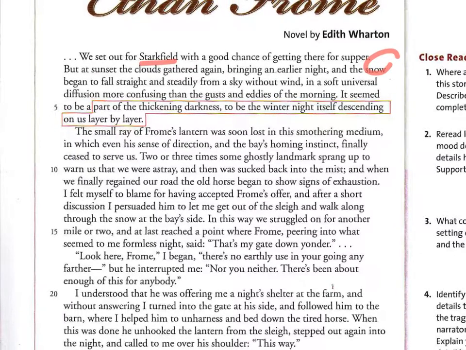A part of the thickening darkness, to be the winter night itself descending on us layer by layer. It's dark, it's raining, there's no wind. It feels like winter is falling on us. So this is mood, right? Let's continue and look for more mood clues.